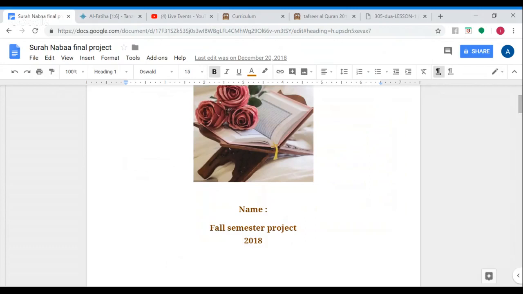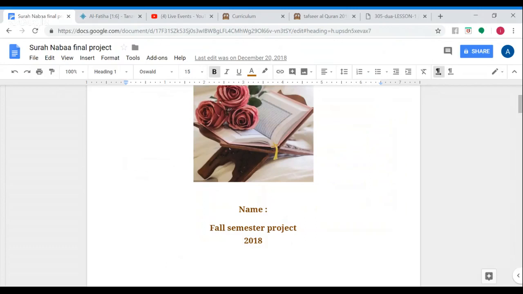From amongst yourselves, "min anfusikum": the min makes anfus majroor. "Fil qisasi hayat": fi is a harf jar, in just retribution there is life.